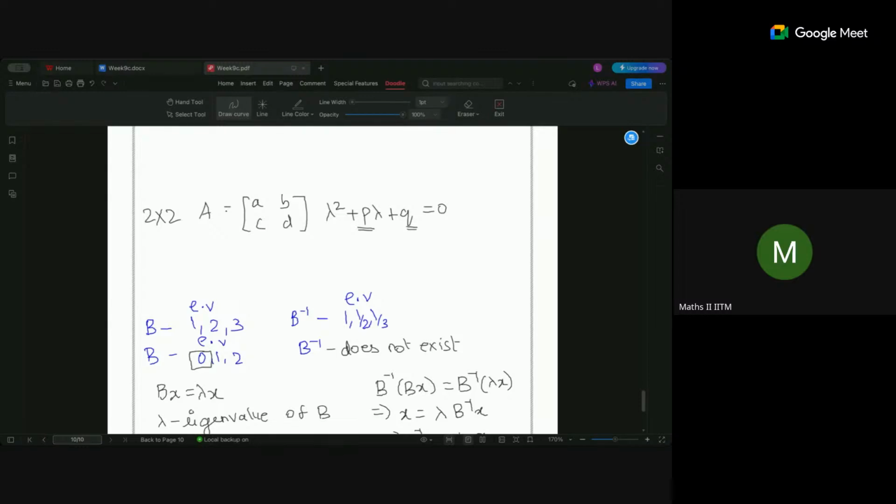What is P? P is the trace of matrix A, A plus D. Yes, so P is actually minus trace of A. Okay, what about Q?